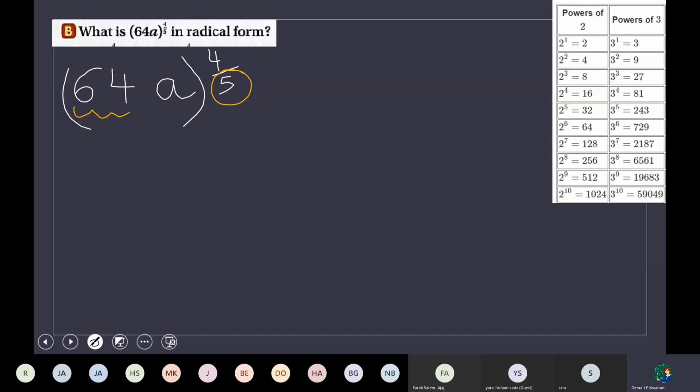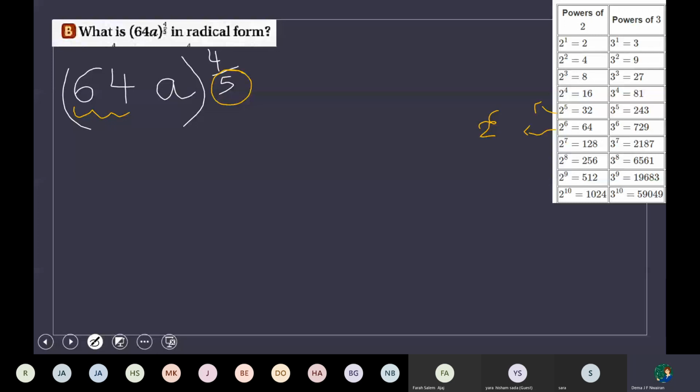Now the most common powers are powers of 2 and powers of 3. And I want you now to memorize them because you have to know them later on the SAT or if you have to solve any question. Now look at the powers of 2 as you see in this table here. We have 16, we have 32, we have 64. 64 is 2 raised to the power 6 as you see here.